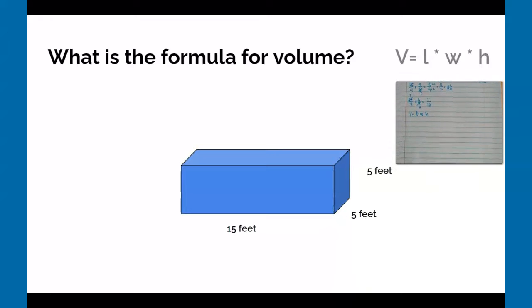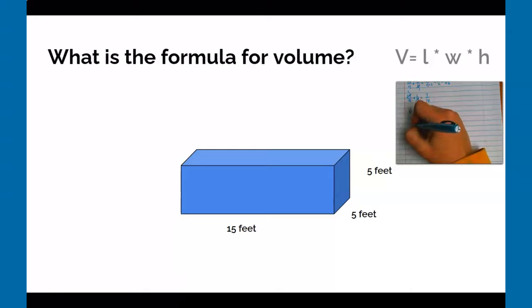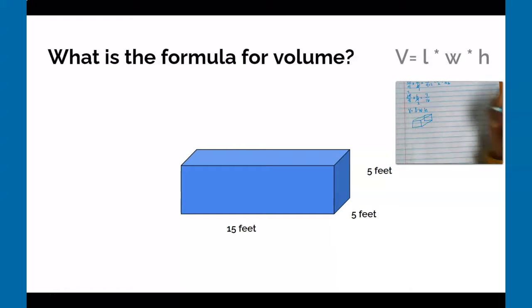If we have this rectangular prism, I'll sketch it into my notes so that you're able to see me work it out in real time. Those of you that are new to my class, you're going to learn that I am just a real Bob Ross. Not really. I am not the best drawer, but you'll get the general idea.